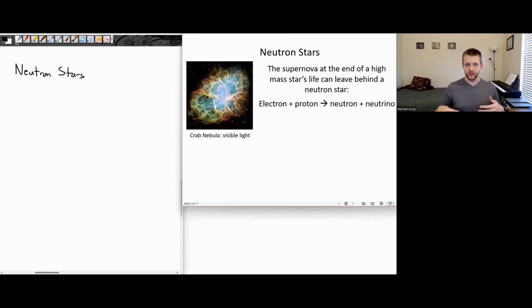This is a star that has gone supernova. A high mass star has exploded as a supernova and ejected its outer layers very violently. And the reaction that was powering that supernova was taking electrons and protons and fusing them together into neutrons plus neutrinos.